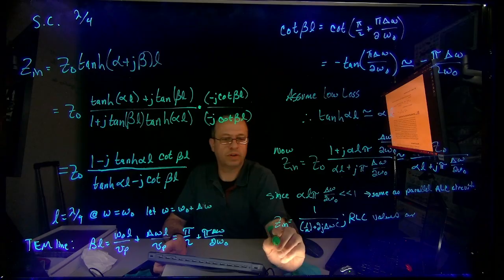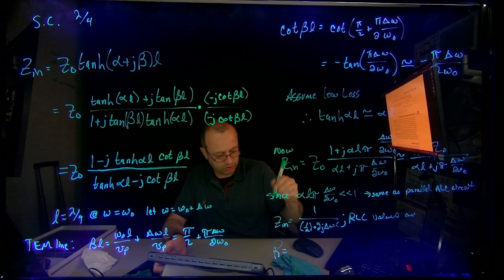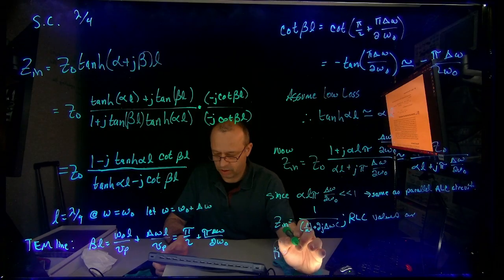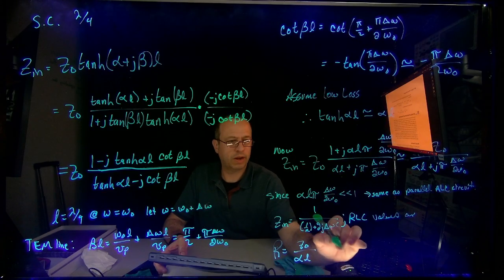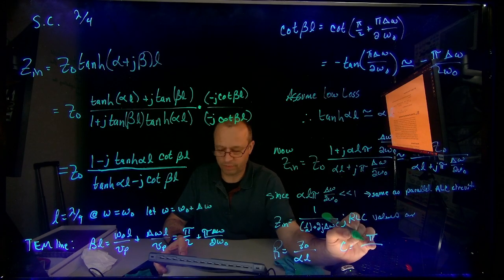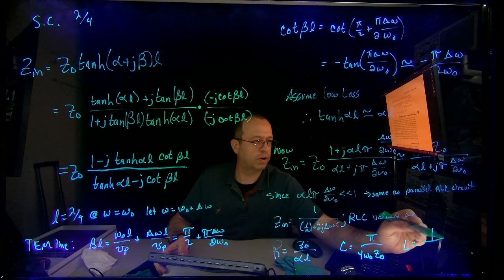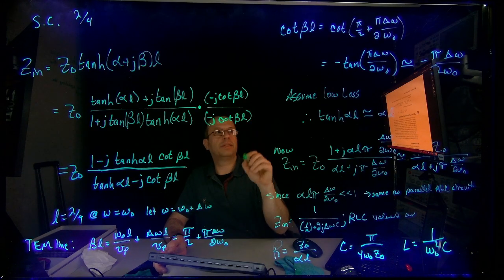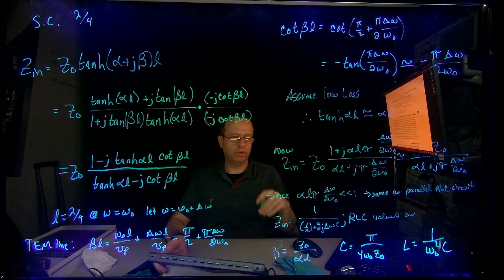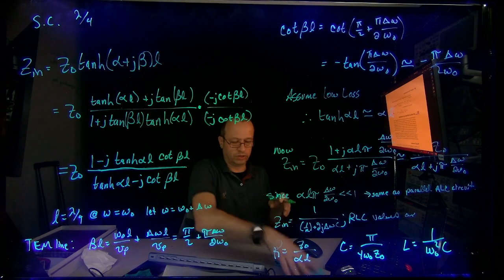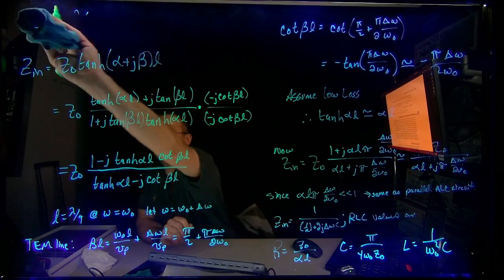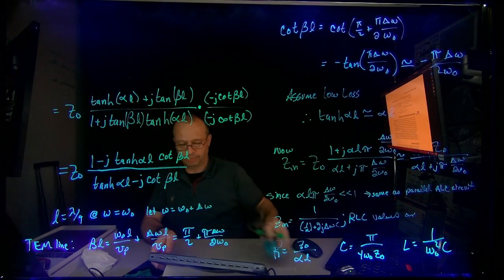Here's R, which is Z naught over alpha L. Our capacitance value is pi over 4 omega naught Z naught, and our L value is 1 over omega naught squared C. And the last piece of this is unloaded Q. I'm going to erase this up here just so I can write it, and then I will erase everything and do the open-circuited transmission line.